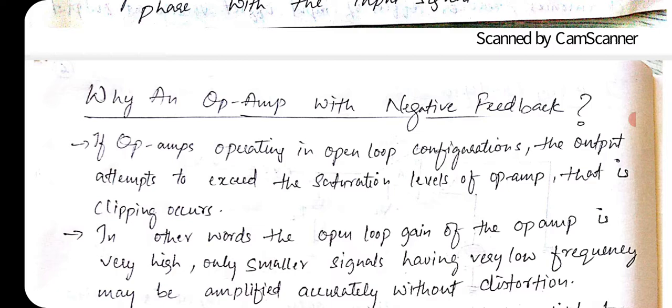Open loop in the sense that there will not be any feedback. If there is any feedback connected, then we call that op amp circuit a closed loop circuit. Without any feedback, we call it open loop. This was explained to you earlier.